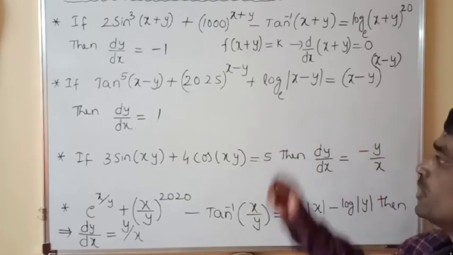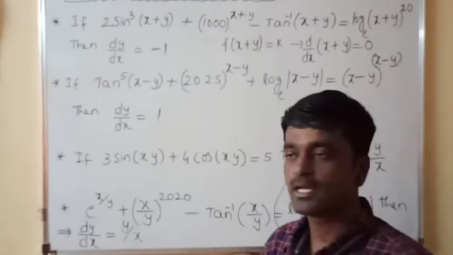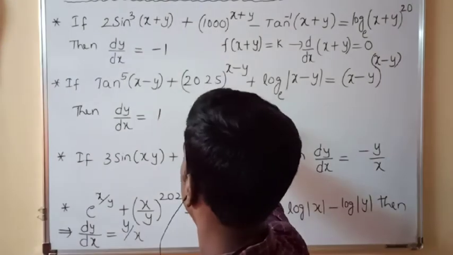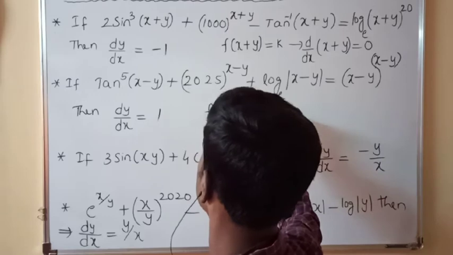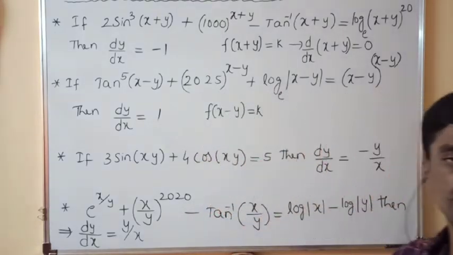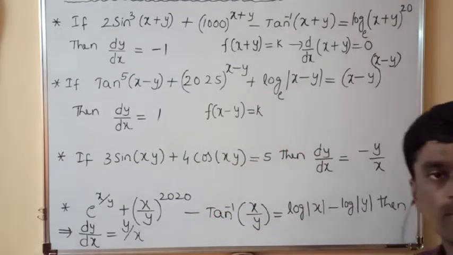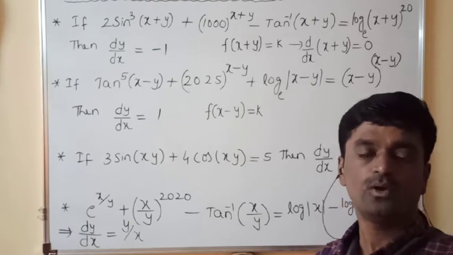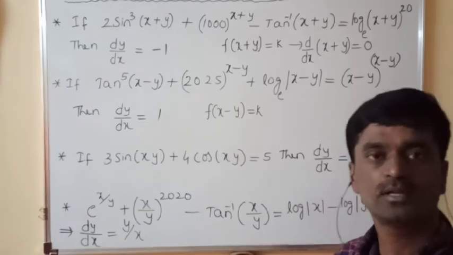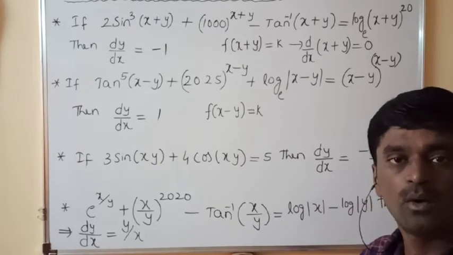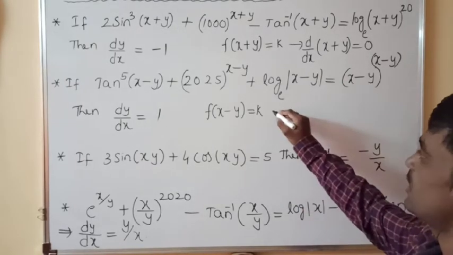Now if you observe the second question, it looks like function of x minus y equals constant. The given second equation is of the form function of x minus y equals constant. Then what is the dy by dx value? 1. How did I get it? It is just the same trick.